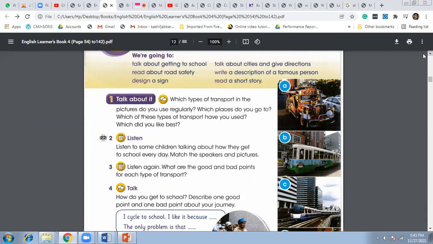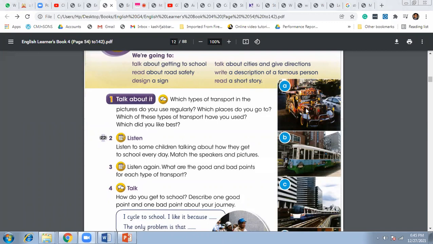Tram is B. Teacher, then check by Google Translate. Yes. C is a bullet train. Teacher, I will check. Fine. You may check and I'll get back to you later on.